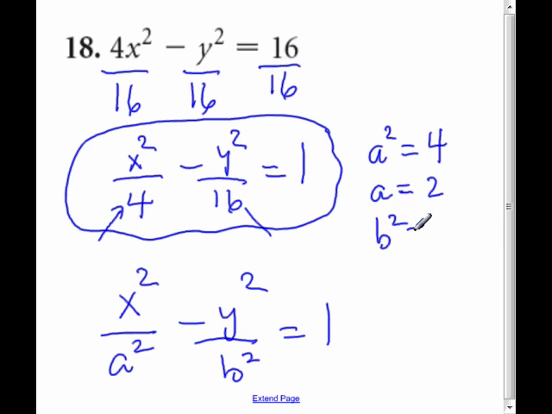So b squared is 16 and b is equal to 4. So remember that a and b are distances from the middle of the hyperbola to certain spots, and so that's why I don't put a plus or minus there.